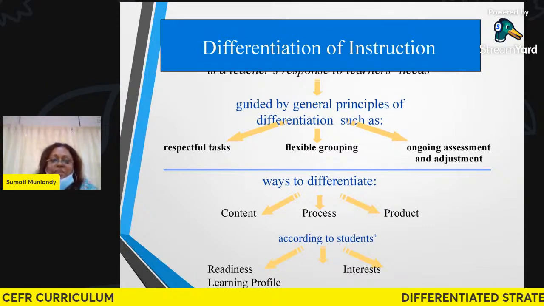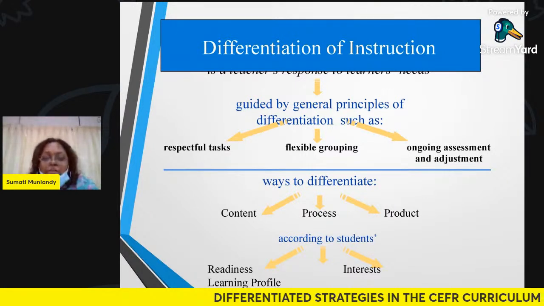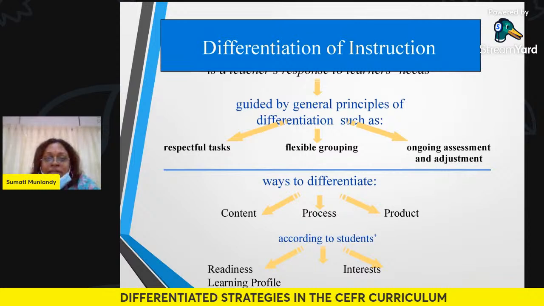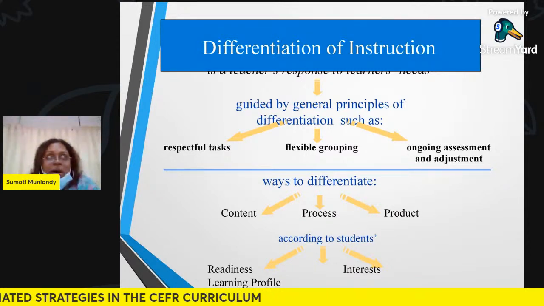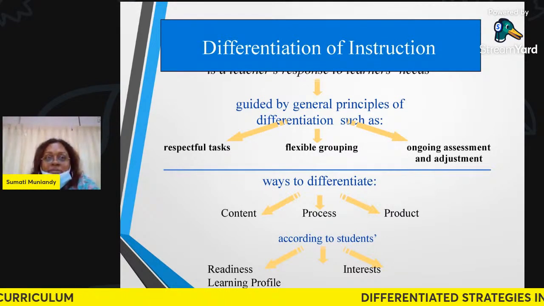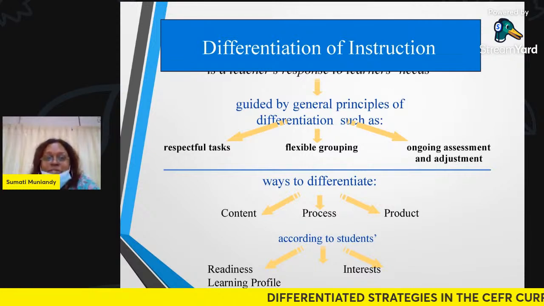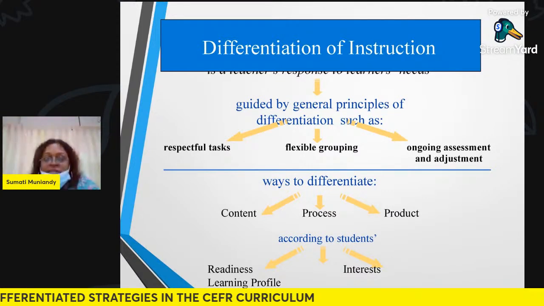Okay, ways to differentiate. This is the important thing. Content. When you give them the content, as I told you, maybe if you ask them to do a worksheet, you have to give different types of worksheets for different learners, right? Slow learners, maybe high achievers, different tasks, different worksheets.